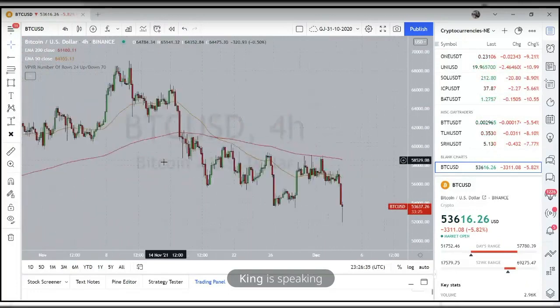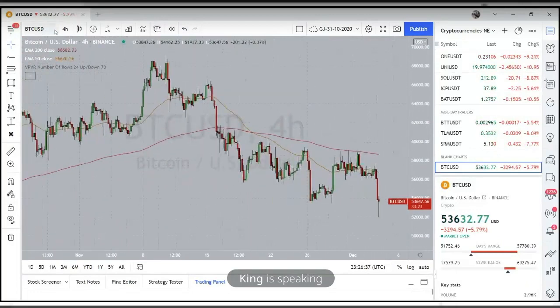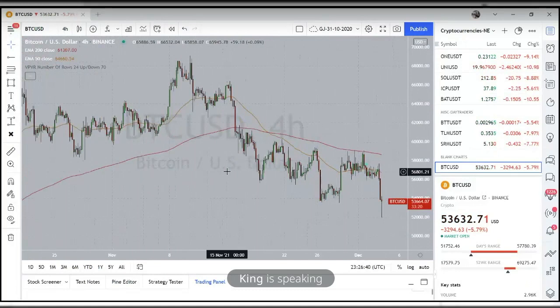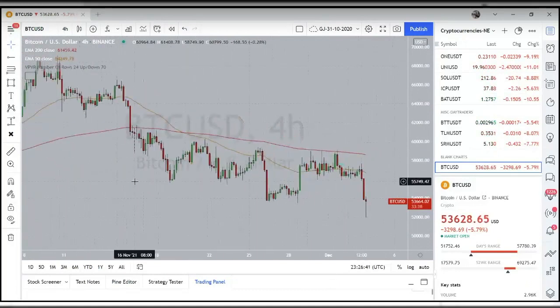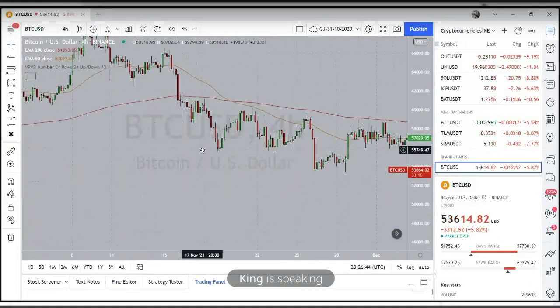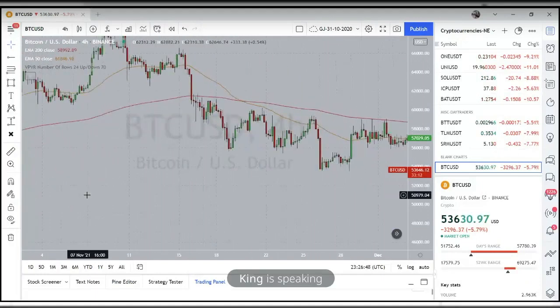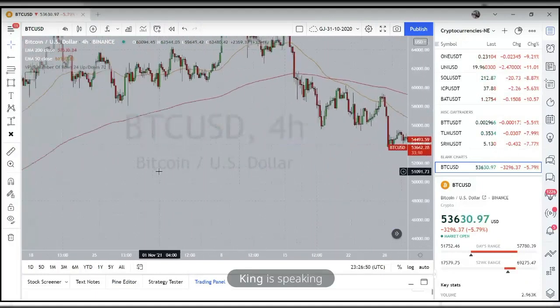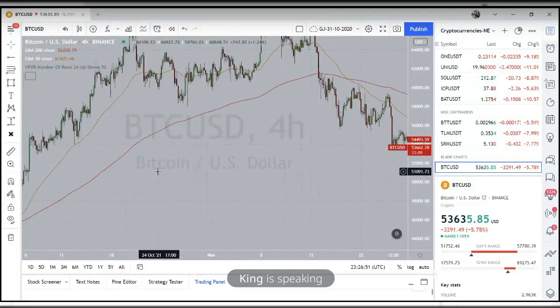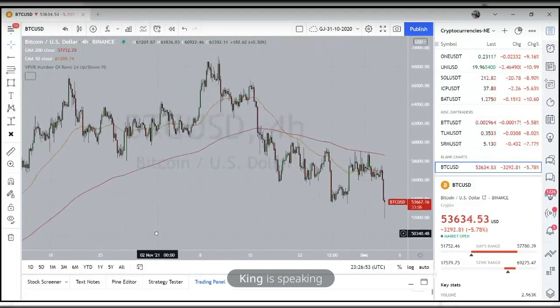Now the market's come and it's broken this market structure. So now when you've seen this lower low being made, alarm bells in your head should be ringing.